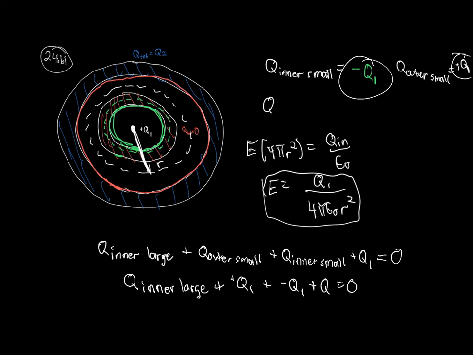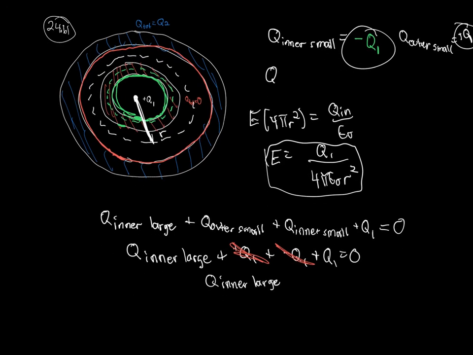That positive Q1 cancels with the negative Q1. And I end up with Q inner large plus Q1 has to be 0. So Q inner large has to be negative Q1.